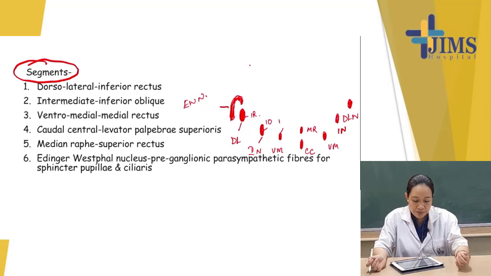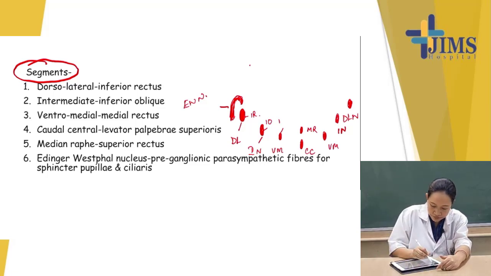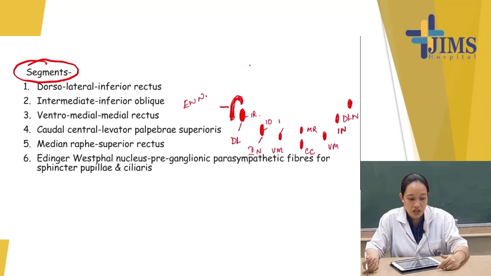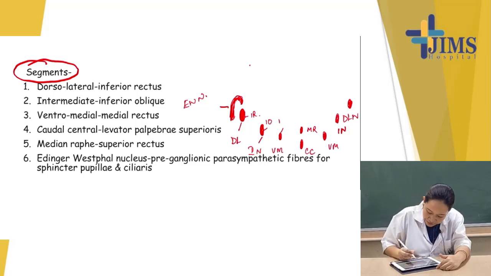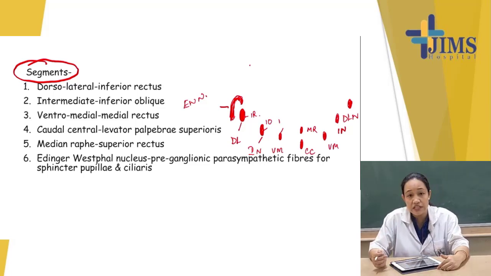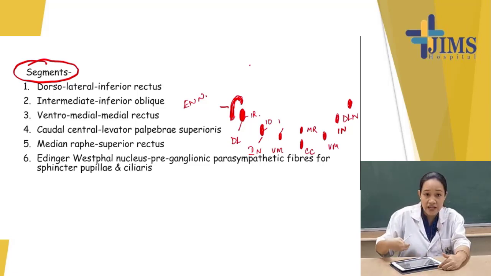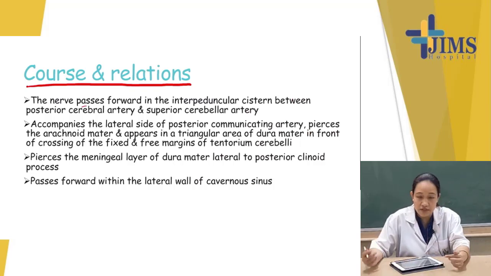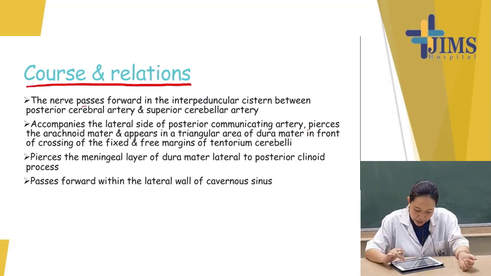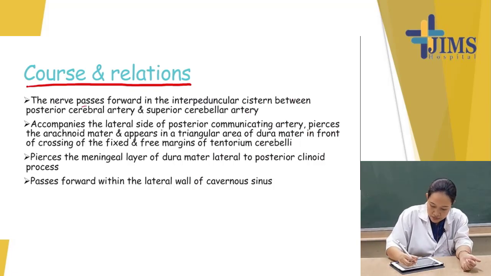Next, coming to the course and relation. We have seen till here that it appears in the posterior part of the interpeduncular fossa, isn't it? So, after that we will be studying the course. After it appears in the interpeduncular fossa, it passes forward in the interpeduncular cistern, and it appears between the posterior cerebral artery and the superior cerebellar artery.